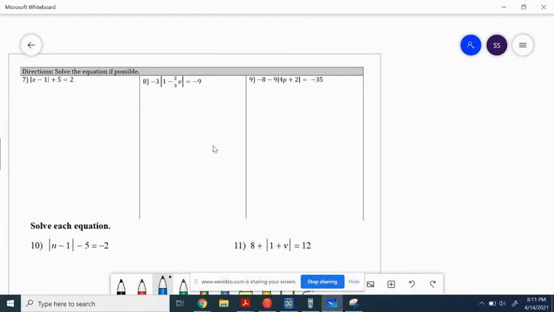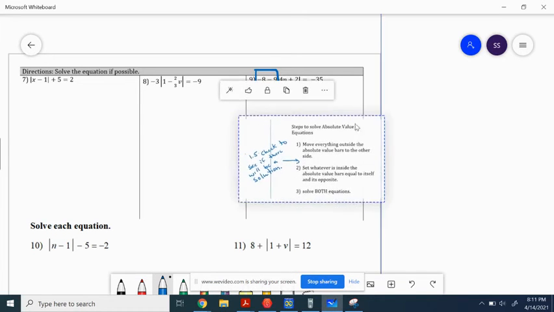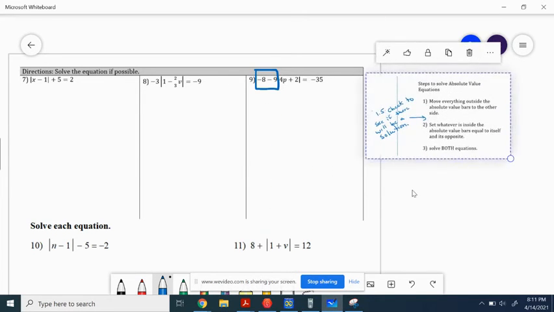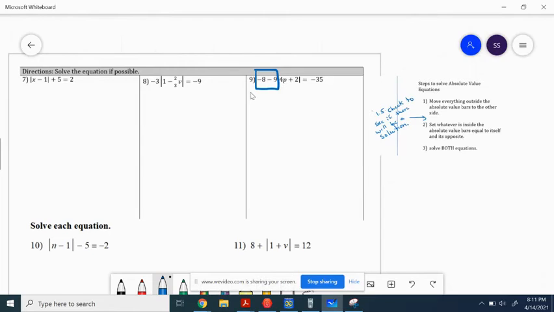I do want to address this here. A lot of students will make this mistake. Let me get the steps back up here. They want to move everything outside the absolute value bar. So they'll say, oh, negative 8 minus 9 is negative 17, and maybe they'll add this or divide it.